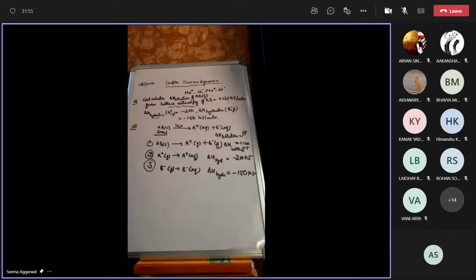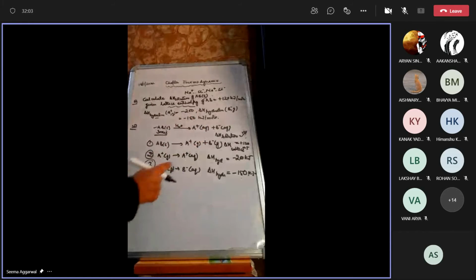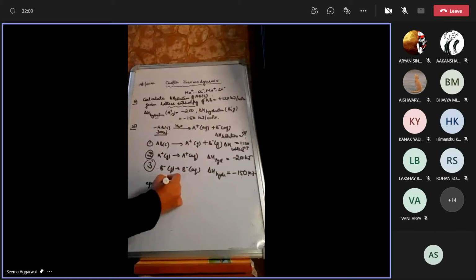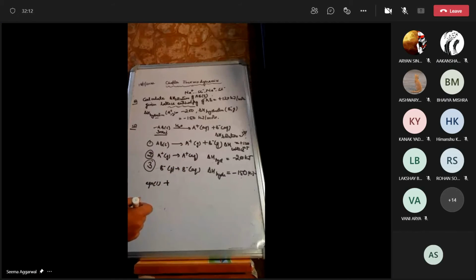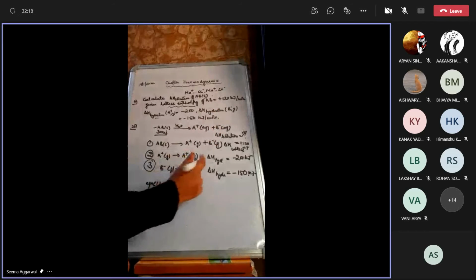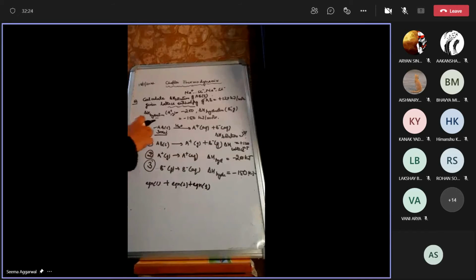Here I need AB solid, which is in the first equation. Then I need A plus aqueous, which is given in the second equation. And here B minus appears on the same side, so I can add them. So plus equation second plus equation third. If I am adding the 3 equations, I add the reactants and I add the products. Always do step by step in the starting; later in MCQs you can do it directly.